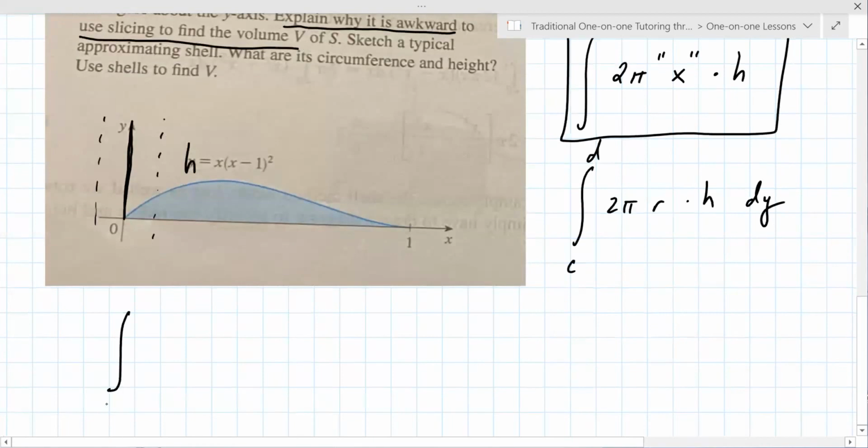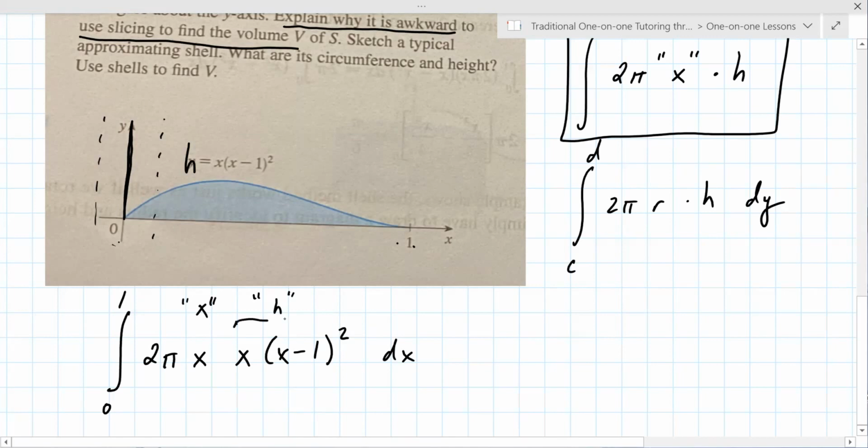So this is the integral from 0 to 1, because those are our bounds. 2 pi x, in this case it's x, and then it's multiplied by x times (x minus 1) squared. So this is truly your x, and then this is your height over here.